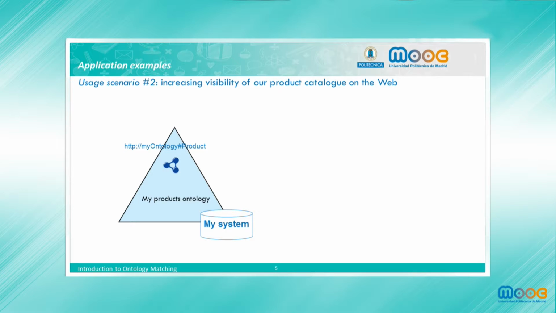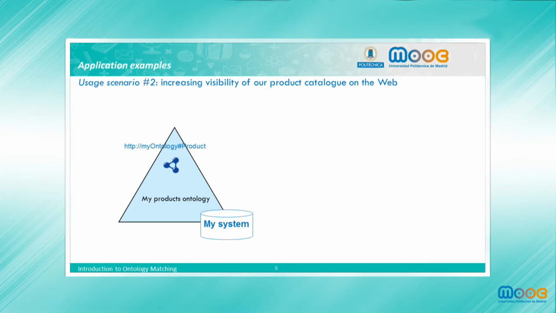Let's now imagine that we have an ontology that describes the catalog of products we have in our company. Having an ontology can be very useful to solve many management and informational needs in our company. However, if we would like to expose such a catalog on the web, it would be recommended to use other ontologies that have reached a high consensus degree and are extensively used, instead of or in addition to our own ontology.